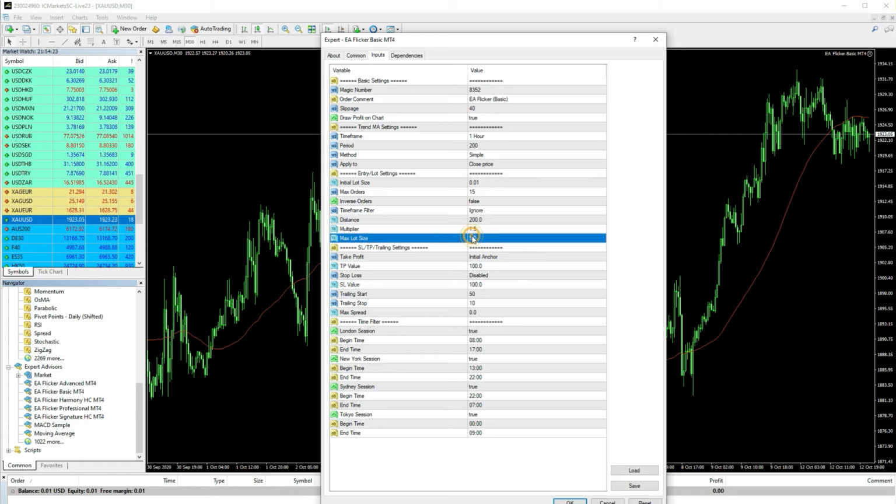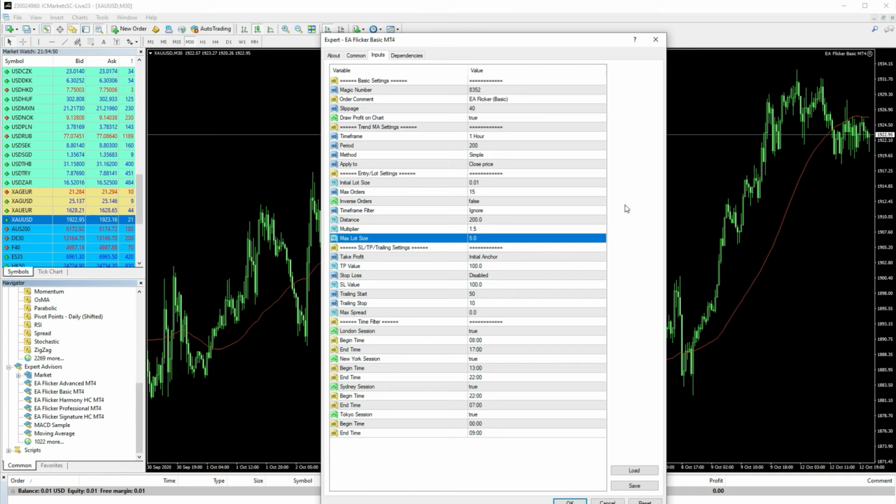Max lot size, you would need to set and define, because if you were to set it at 5 lot size on a small capital account, you would blow your account easily. Opening a 5 lot size on gold is quite risky, and you need a lot of money to do that.